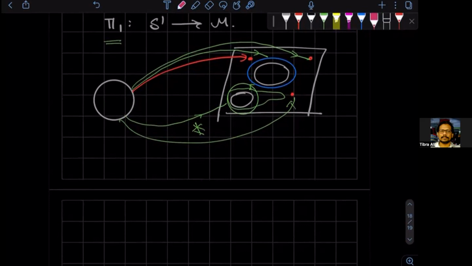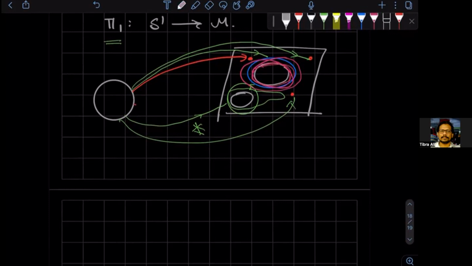Similarly, there is a map which takes us from the circle to another loop which winds around the hole in, say, more than one revolution. So that map is different from the map that winds around the hole in one revolution. So we see that the maps that take us from the circle to the loops around this hole are classified by integers.